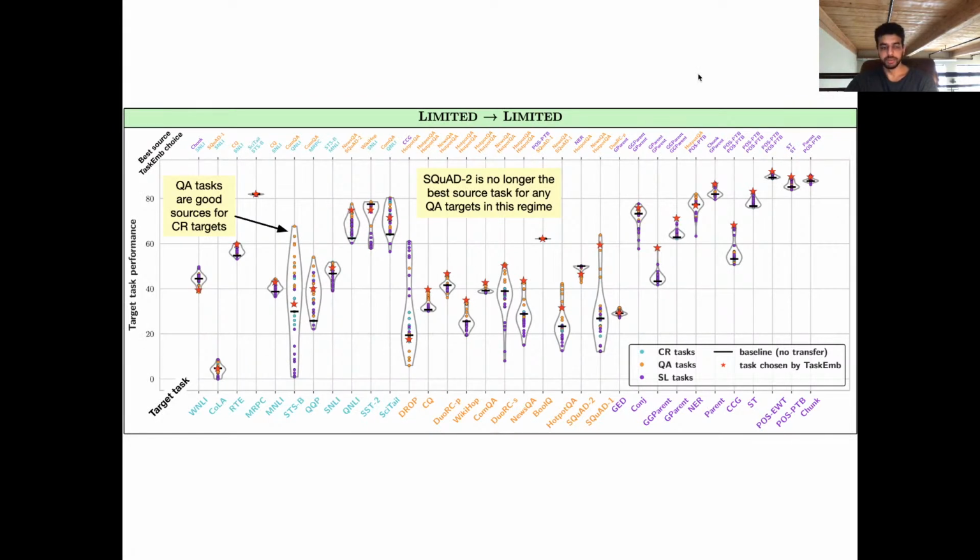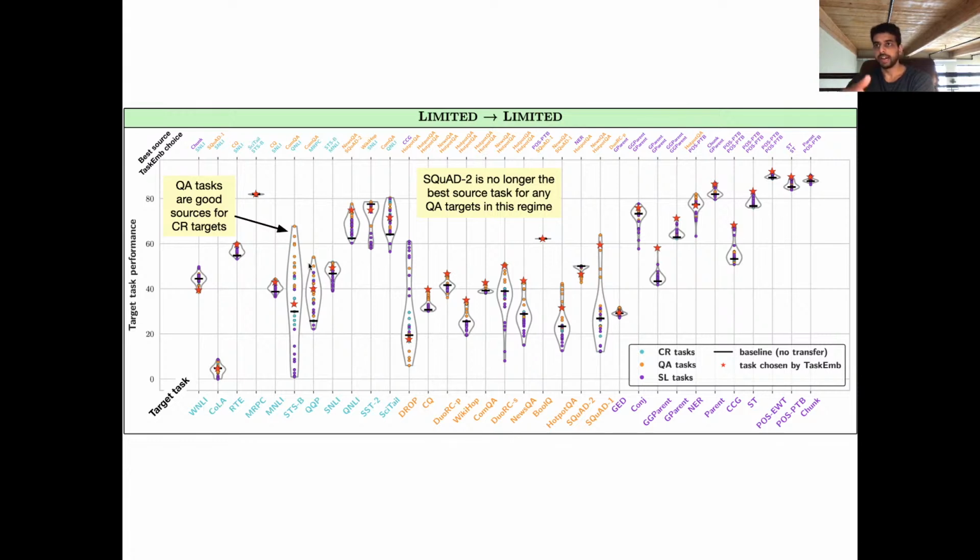So I wanted to conclude by looking at one of the figures in this paper to make the point more clear that we're still a little unsure why a particular task helps another one. In this plot, we have on the x-axis the target downstream task, the task that we actually care about.